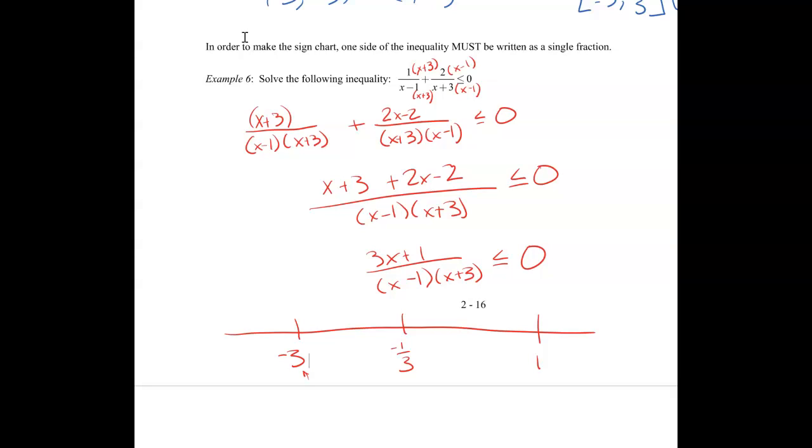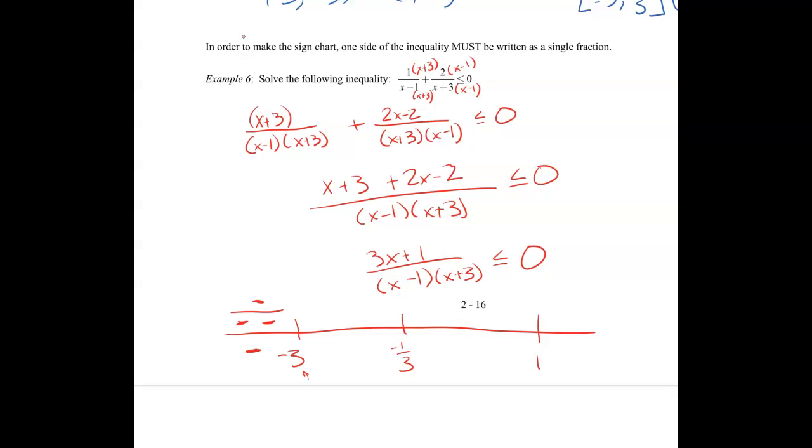Okay, so now all I've got to do is plug numbers into the top and the bottom. If I plug in -4, for example, into the top, I'm going to get a negative overall. If I plug it into that first piece on the bottom, I'm going to get a negative, and if I plug in -4 over there, I'm going to get a negative as well. So overall, that whole thing is going to be negative.